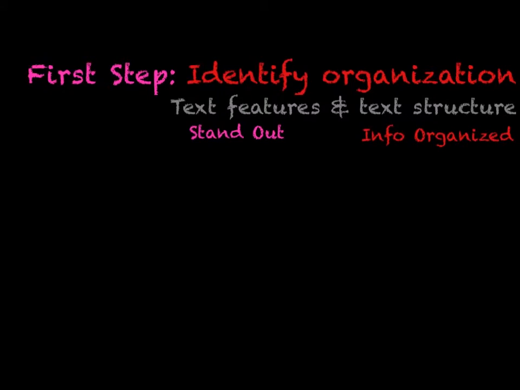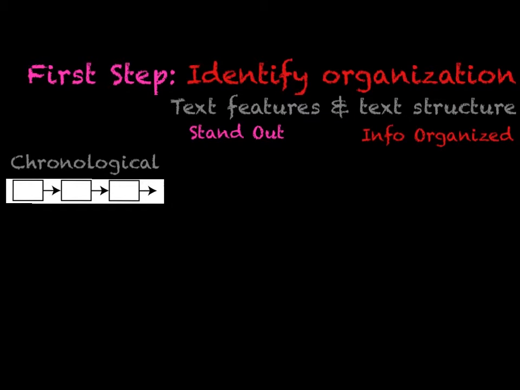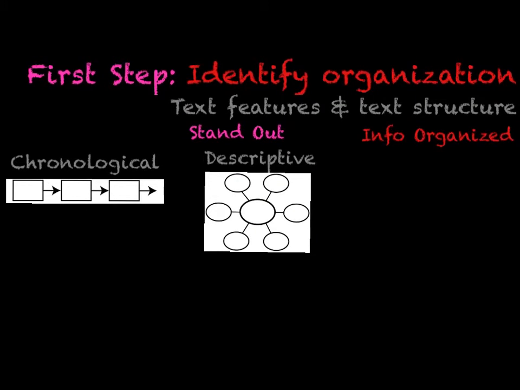The text structures are chronological, where information is organized in an order of time. Some signal words could be first, next, last, then, after, before, and later. Descriptive, which describes how something looks.